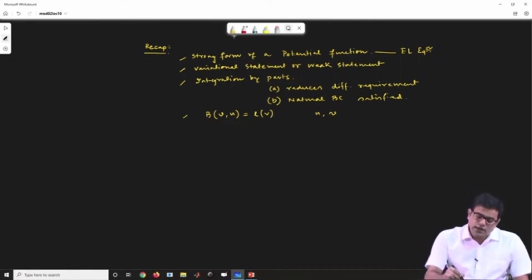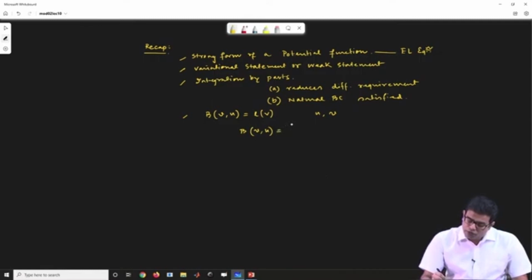For instance, in the case of a bar problem in the previous class, the bilinear form looks like this: integral 0 to L of dv/dx AE du/dx dx.